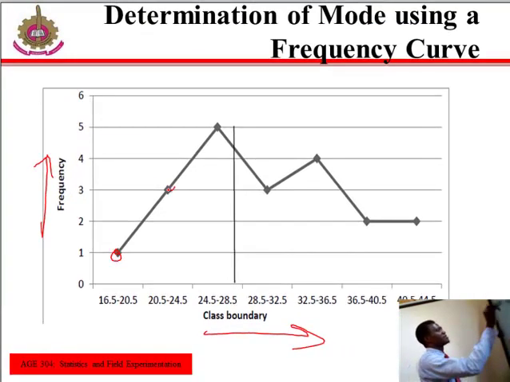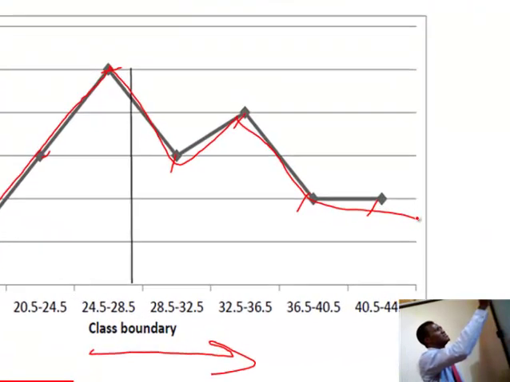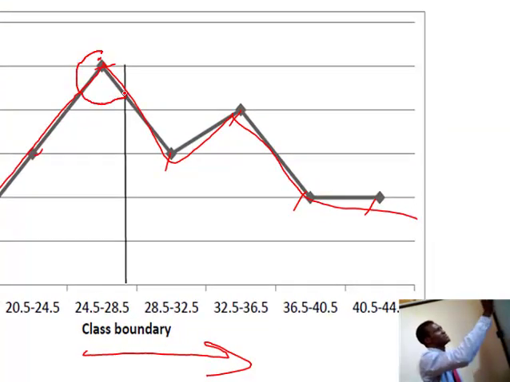So we locate the points, then we join the points together. With this, we can obtain our mode as the value that appears at the highest point of the frequency distribution.